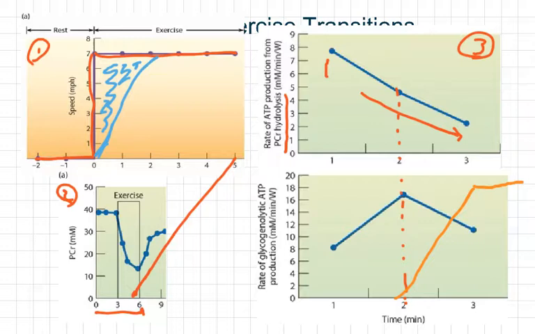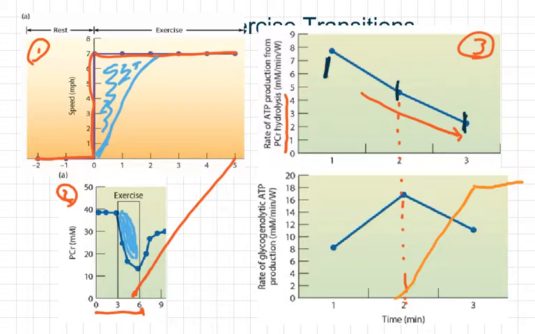And so we can kind of see this here with graph number 2 with the significant decrease in phosphocreatine availability. And this is further supported by what we see here in graph 3, with again phosphocreatine production of ATP greatest at minute 1. It reaches its lowest rates at minutes 2 and 3.